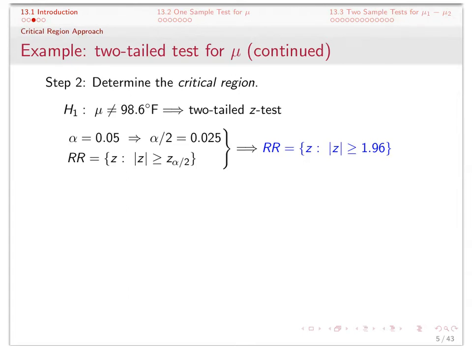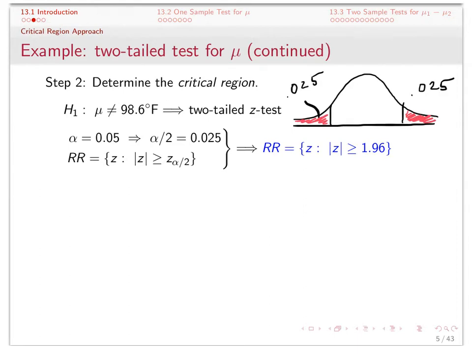So we're going to take the z-distribution, take that area alpha, and chop it into two equal pieces, alpha over 2, and we'll chop off area in the left and right tail, each equal to an area of 0.025. So our rejection region will correspond to z-scores that sit in these tails here.